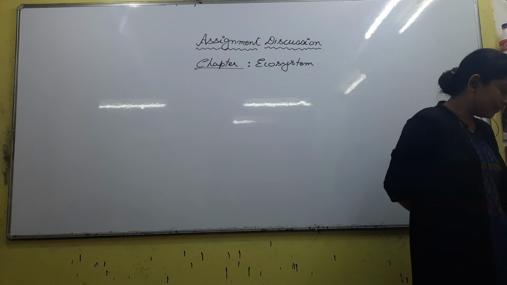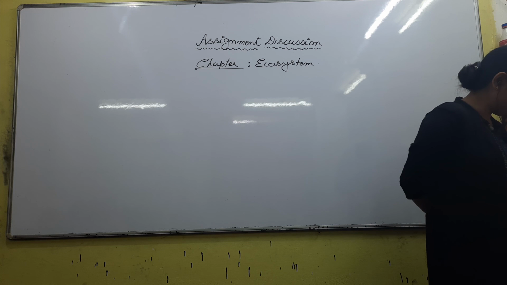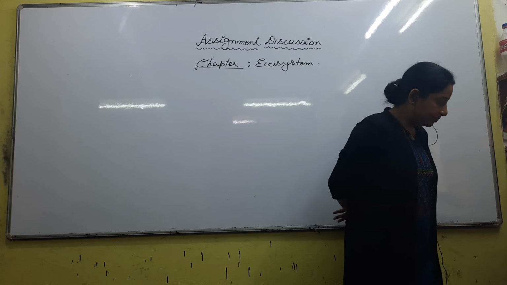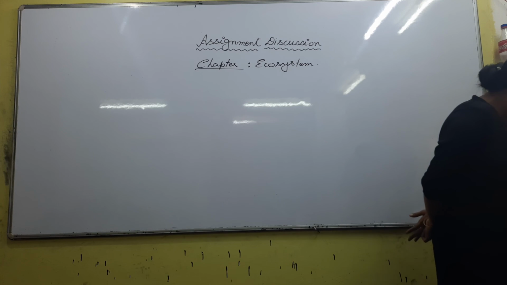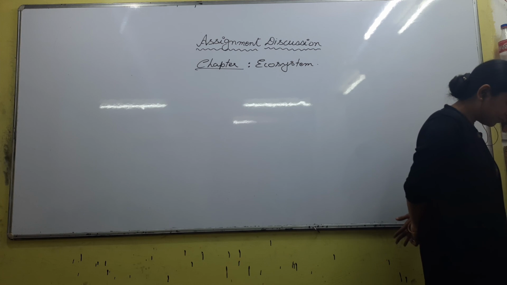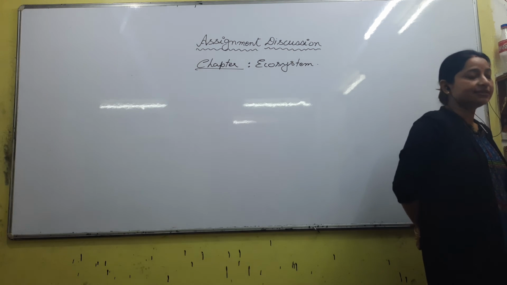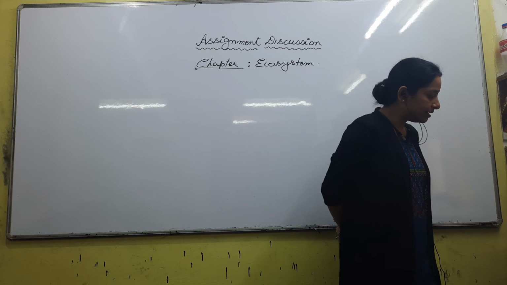Number 6. Which of the following ecosystems is most productive? Tropical rainforest. Pyramid of number, upright or inverted? Number 8 is B. The process of decomposition would be fastest in which condition?